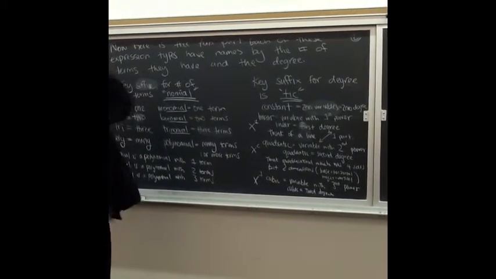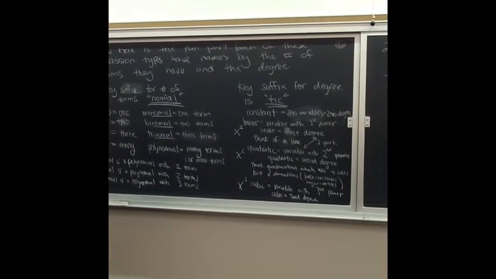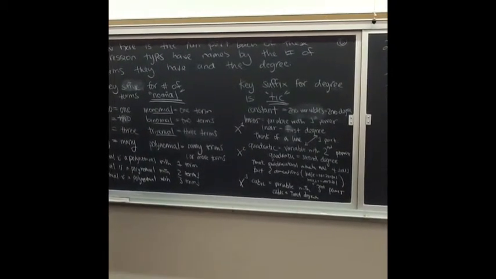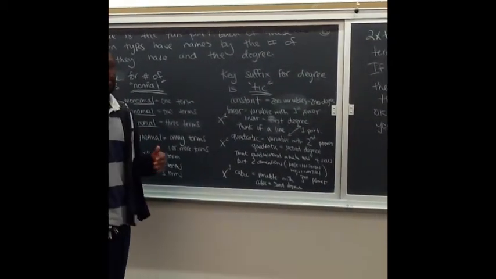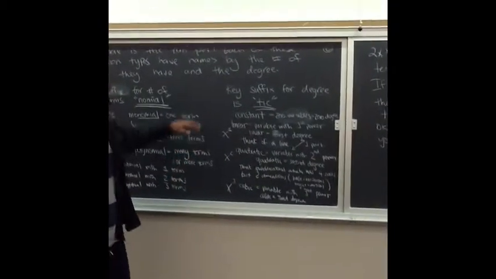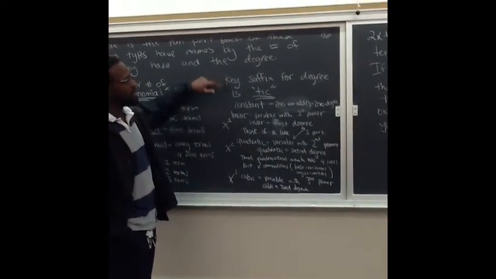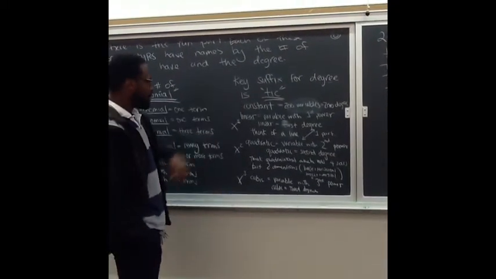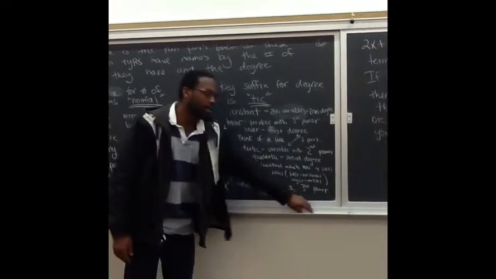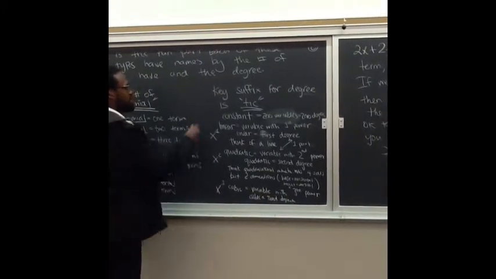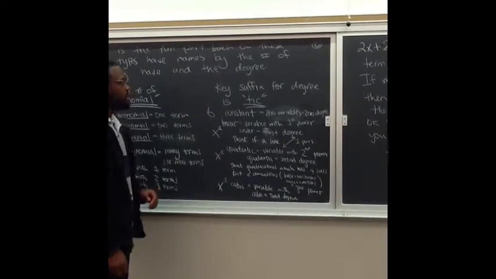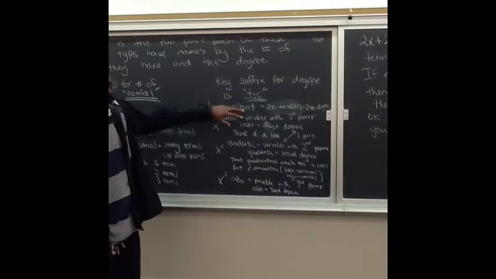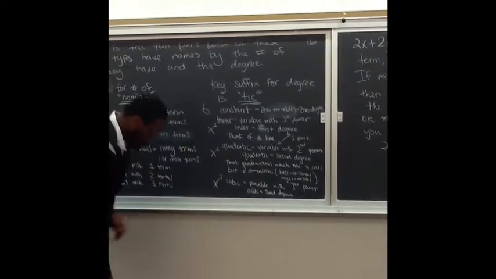Now, the degree is a little different. When we think degree, we should be thinking about exponents, and we're looking at the power. So in most cases, we're looking at the power on a variable. So the degree of a term has something to do with the power. Now, if we think about a constant, a number with no variable, such as 6, we see 0 variables, and it actually has a degree of 0.